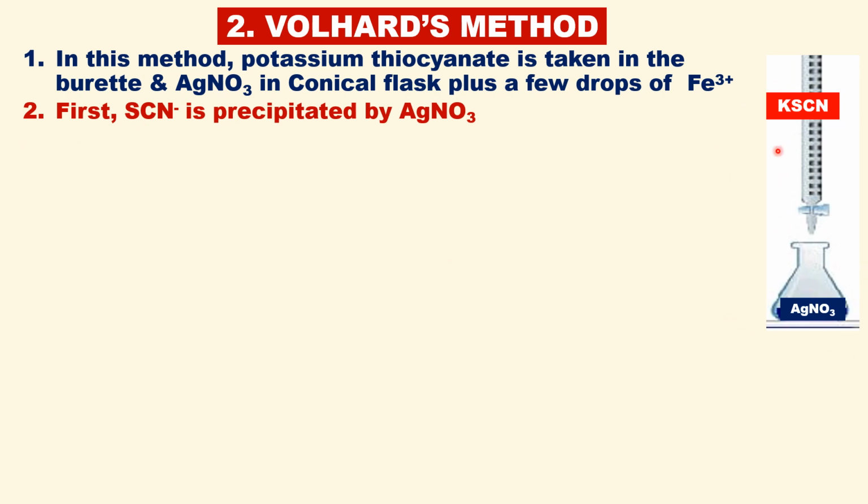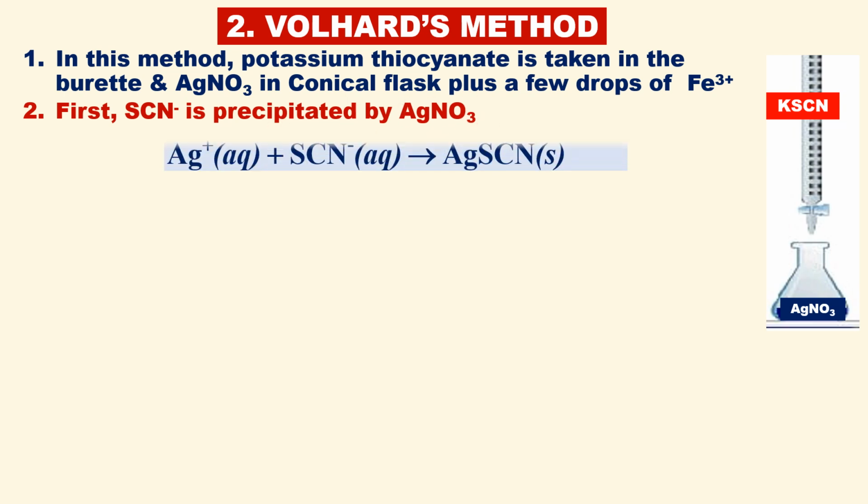On titration, on adding potassium thiocyanate to the silver nitrate in the conical flask, the thiocyanate reacts with the silver ion to give silver thiocyanate as a white precipitate.